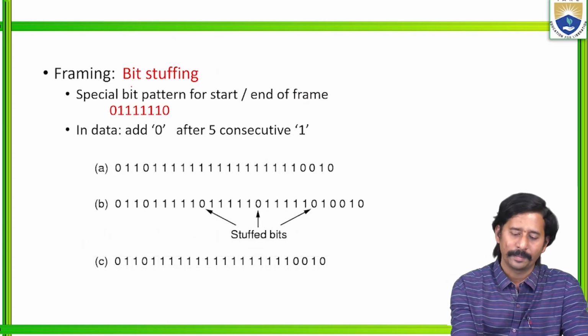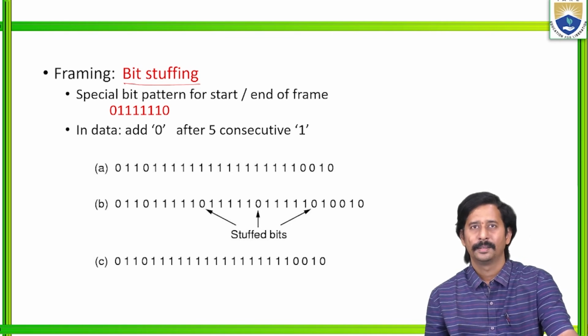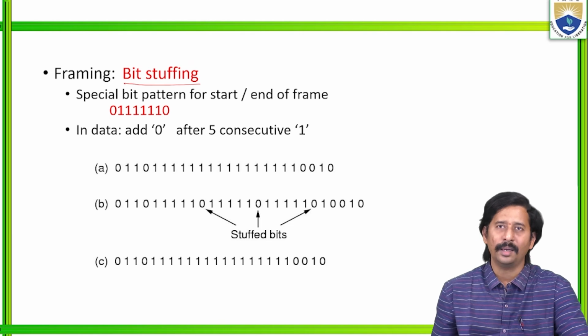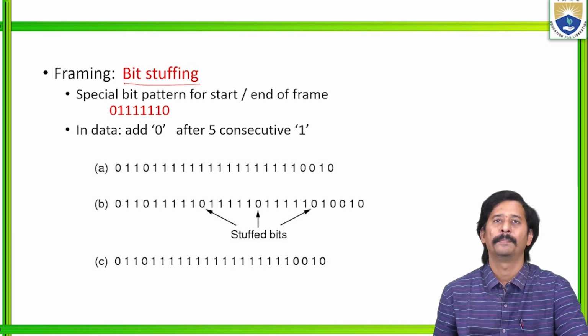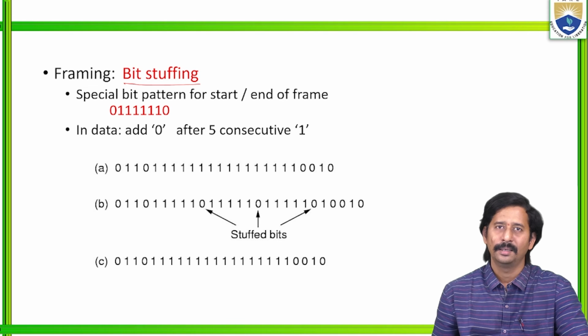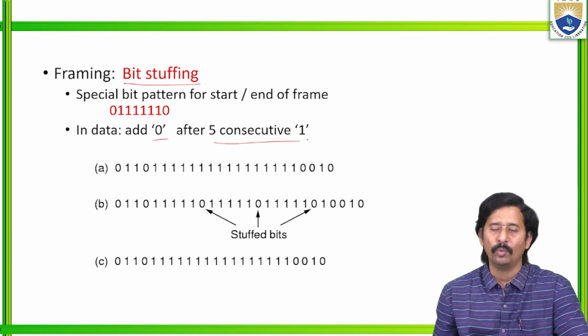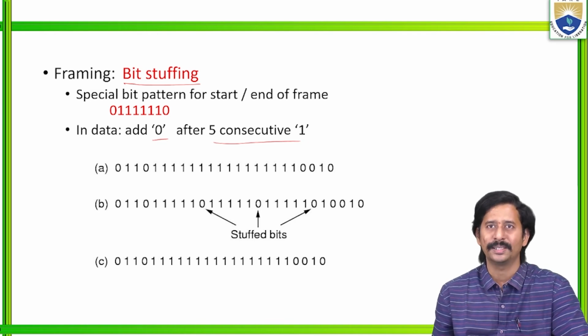Then bit stuffing. Here a special bit pattern may be used for the start as well as the end of each and every frame. What is that? Whatever the original content, add 0 after 5 consecutive ones.